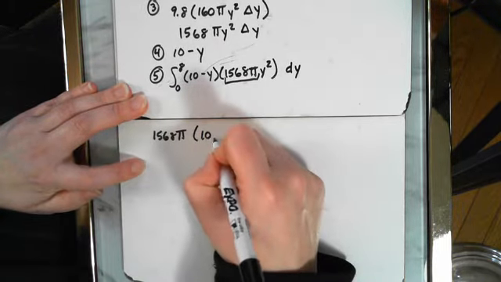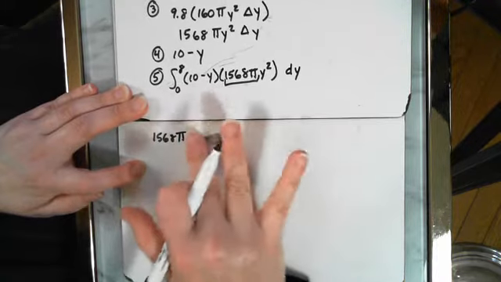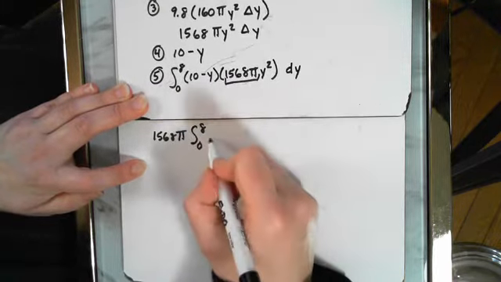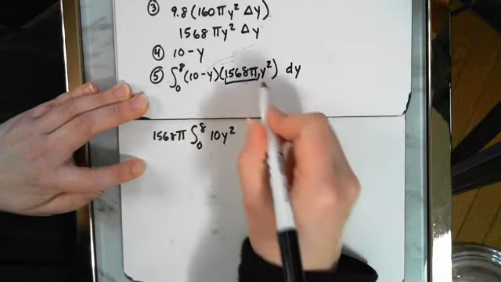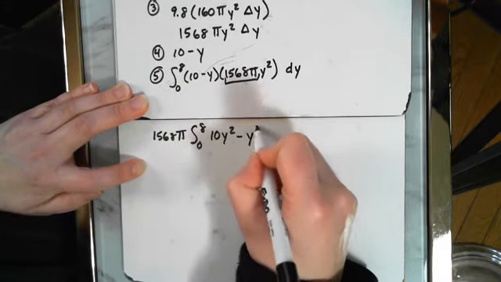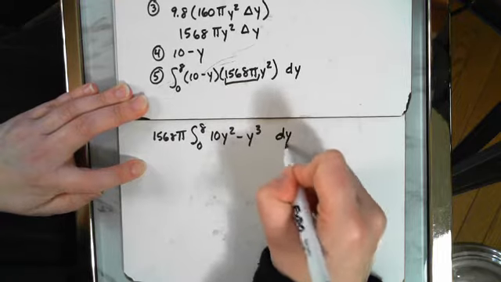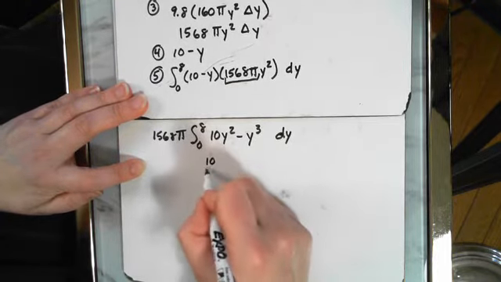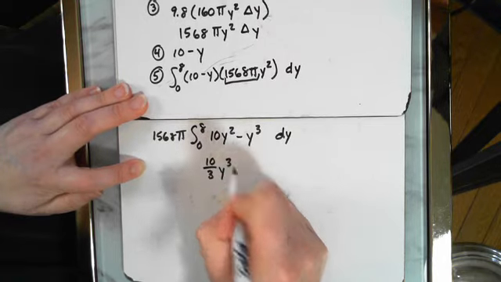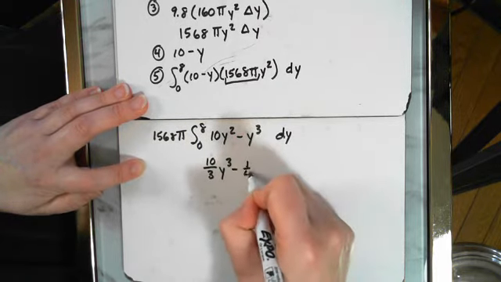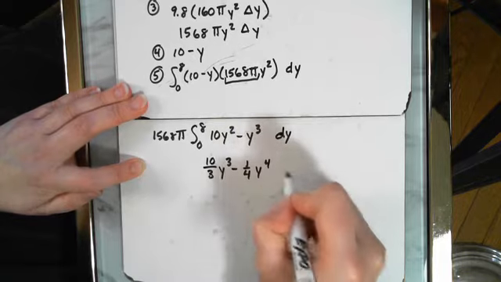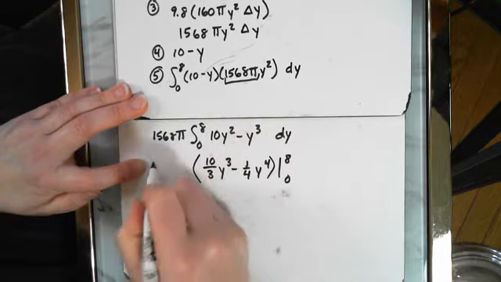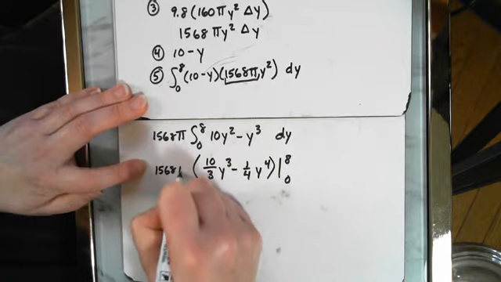I have the integral of 10, y squared times 10 is 10y squared. y squared times y is y cubed, and it's dy. Now I'll do my antiderivative. This is 10 thirds y cubed minus 1/4 y to the 4th, evaluated from 0 to 8. And later on, we're going to multiply by 1568 pi.